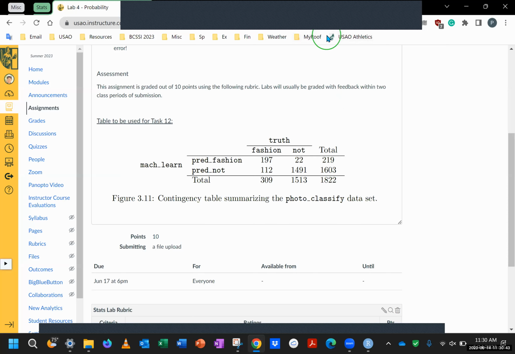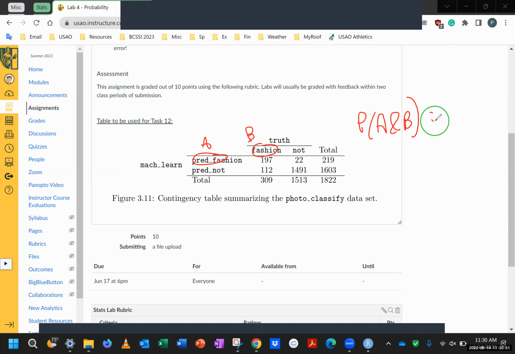This is A. I gotta draw here. This is A and this is B. Probability of A and B is going to be 197 times total both occurred out of the total 1822.